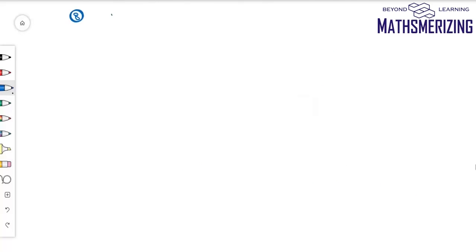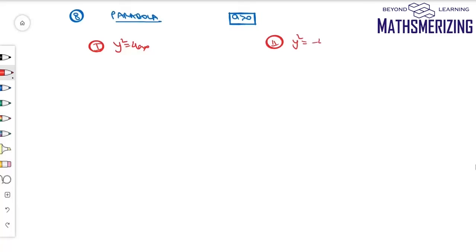The eighth graph that we'll study is the graph of parabolas. Now taking a as a positive number, we have 4 different forms of parabolas. y square is equal to 4ax, which is the first form. Second form is y square is equal to minus 4ax. Third form is x square equals 4ay.